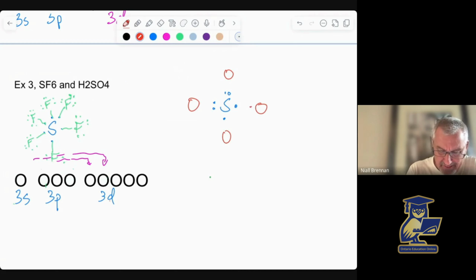Now, here you can see, oxygens in group 6. I'm going to draw 6 dots around all of them. All right, so that's where they all are. And right now, we can make 2 single bonds over here.